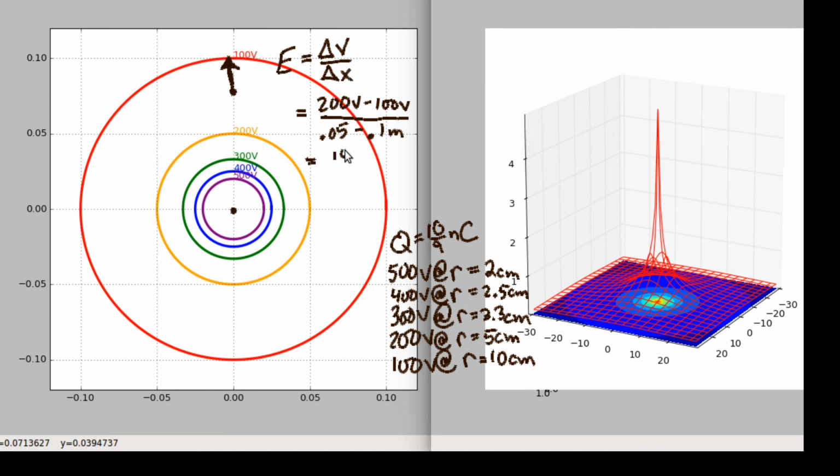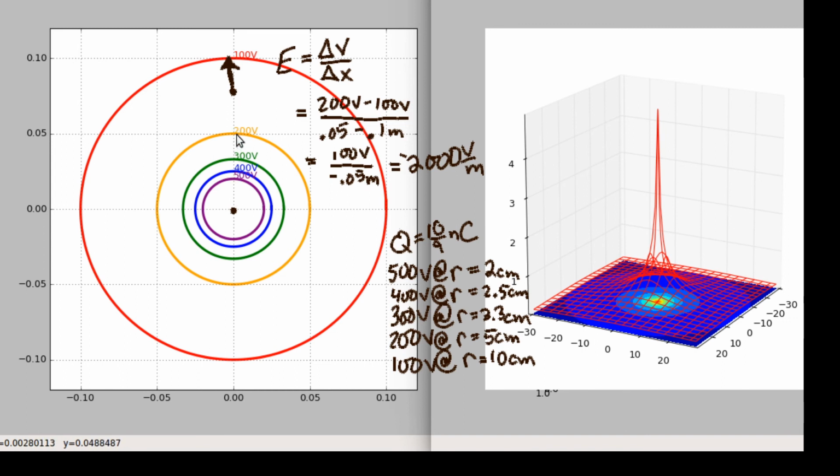So that's a change of 100 volts in negative 0.05 meters. So that's an electric field of 2,000 volts per meter pointing away from the charge.